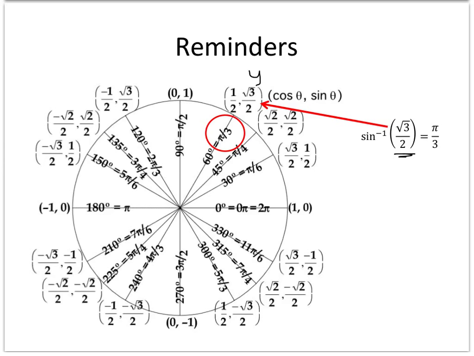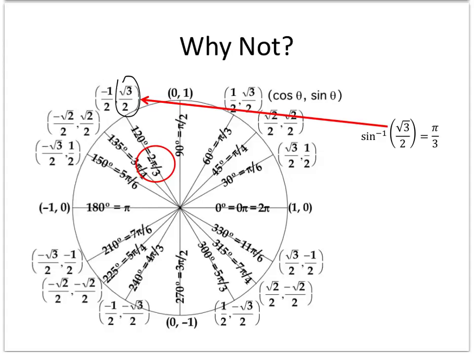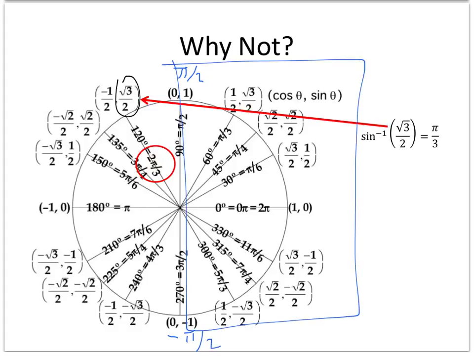So the question would be this one here, because there's also a square root of 3 over 2. Remember we said that the domain is from pi over 2 to minus pi over 2, so you could only pick values within here. Once again, you're only looking at the y values, and as you can see, that's the only one that has a positive square root of 3.